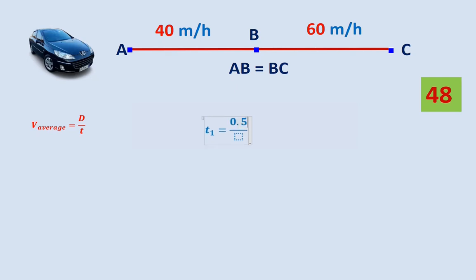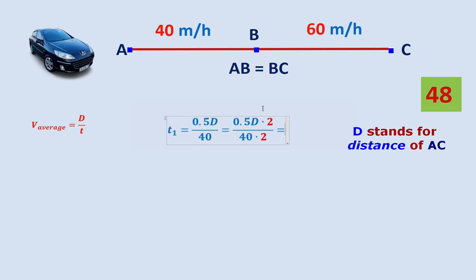Obviously it is half of d, divided by what is the speed of the car in that section? 40 miles an hour. Let's multiply both the numerator and the denominator by 2. Finally, we get d over 80, where t1 is the time spent during the first half of the road.